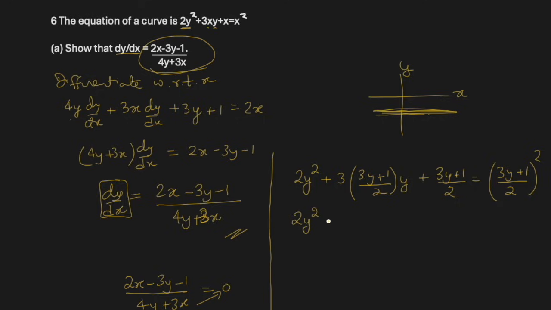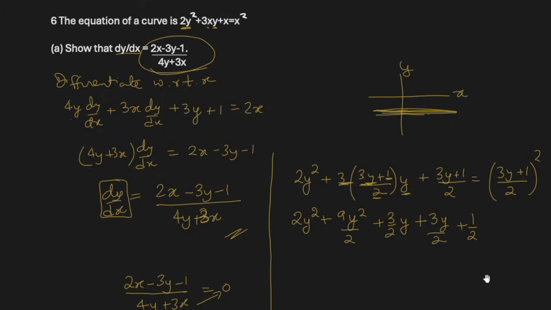2y square and then 3 over 2 multiplied by 3y square, right? So it becomes 3 over 2, 9y square over 2. Take some time to understand this. 3 times 3y is 9y, multiplied by y is y square, and divided by 2. 3 times 1 is 3 over 2y, and all are positive. Then plus, let me separate these also, plus 1 over 2.